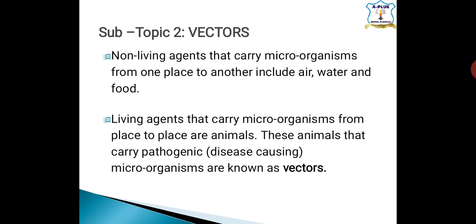Most of them, you know that living agents are animals. These animals that carry pathogenic, disease-causing microorganisms are known as what? Vectors.